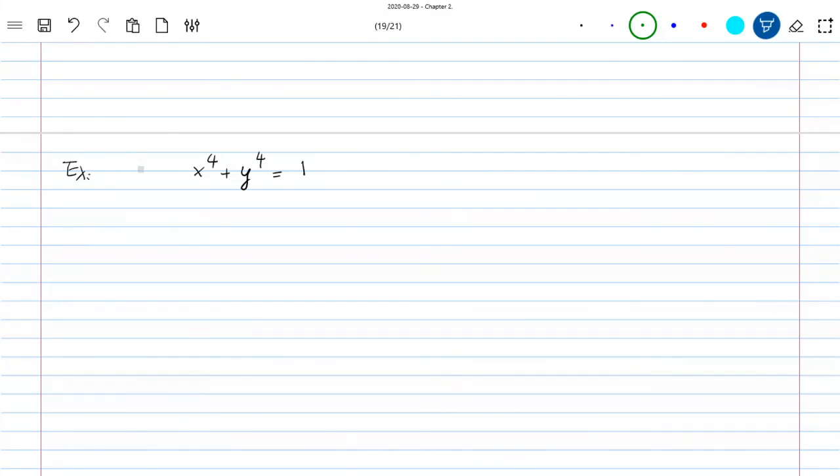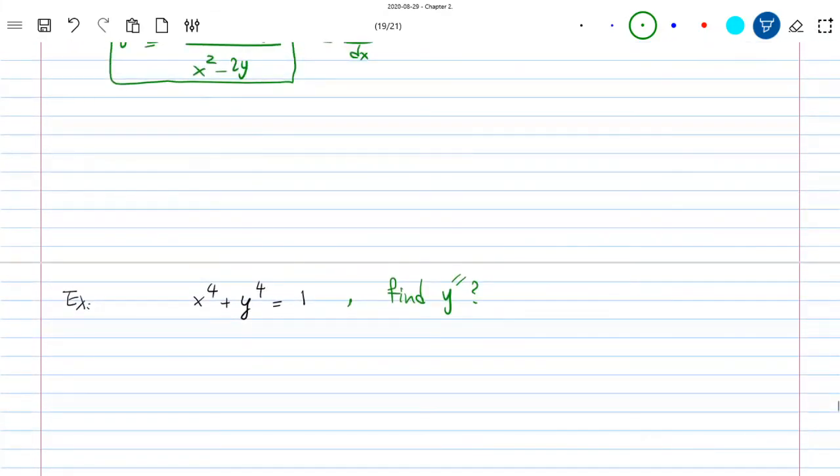So here, by the way, we can extend this to find higher derivatives. So let's try the second derivative. It's going to be more work, but it's still possible. Before I go on, maybe I should mention that if you're given y prime and I ask you to find the derivative, you can write this as y double prime, because you're taking the derivative of y prime, which is the second derivative.